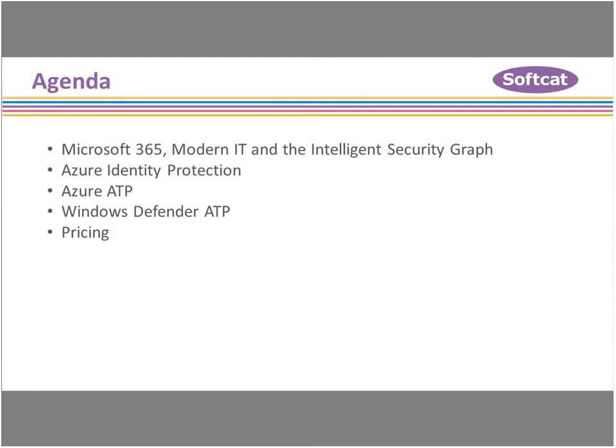In terms of products, Azure Identity Protection, Azure ATP, Advanced Threat Protection, and also Windows Defender ATP. These are key product areas that support the proposition here. Fundamentally, in terms of licensing, these are either Plan 2 or E5 in terms of where they sit within the suite. We'll come on to that later and perhaps touch on a little bit of licensing and pricing towards the end of the session.